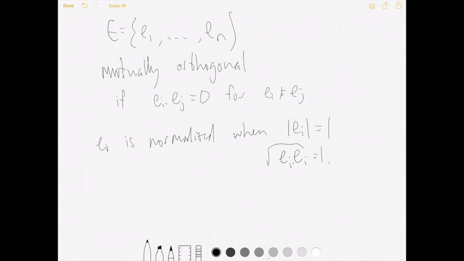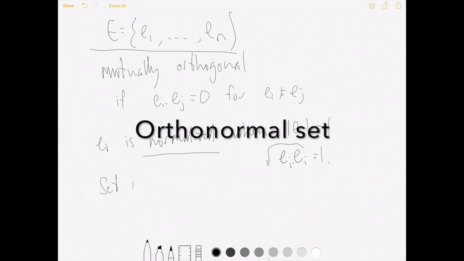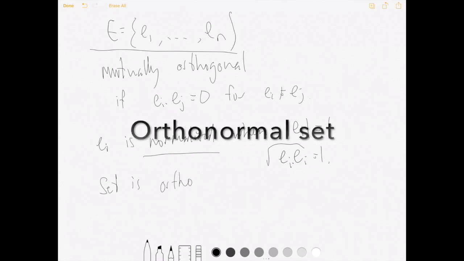And so, coming back to the set, if the set is mutually orthogonal and each vector within it is normalized, then we say that set is orthonormal.